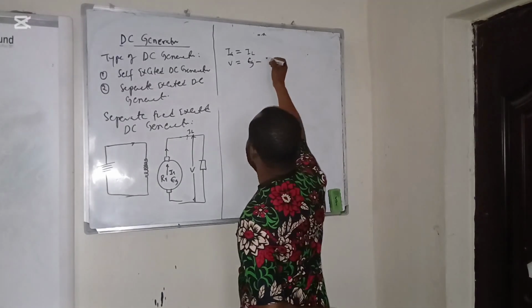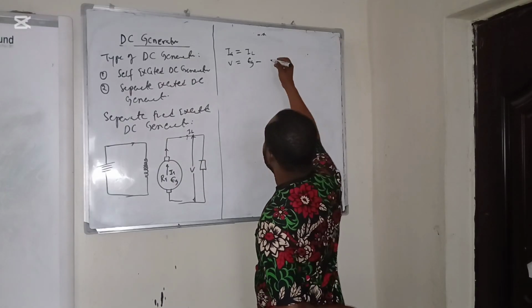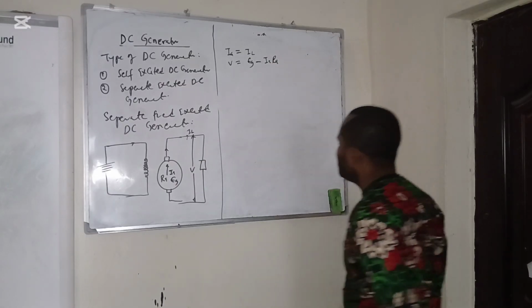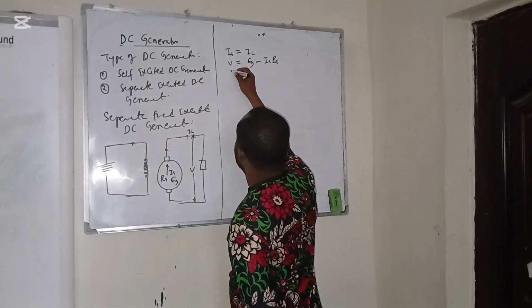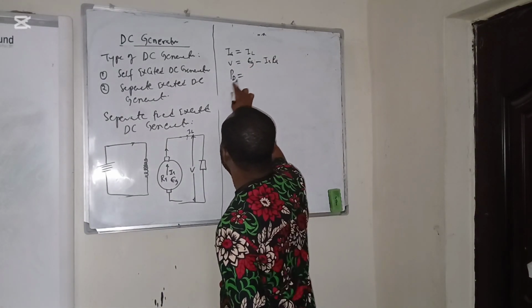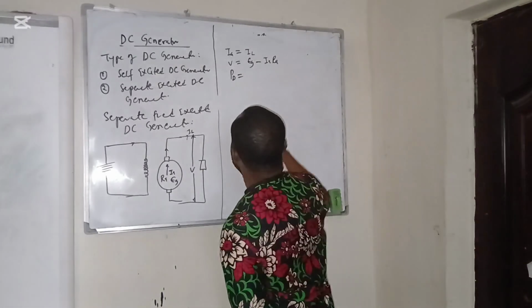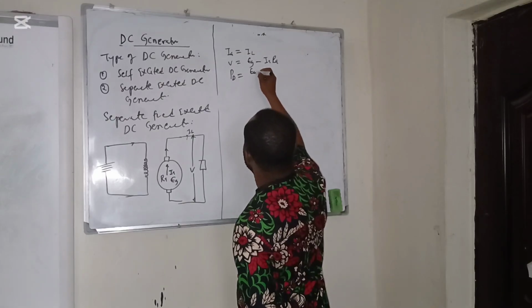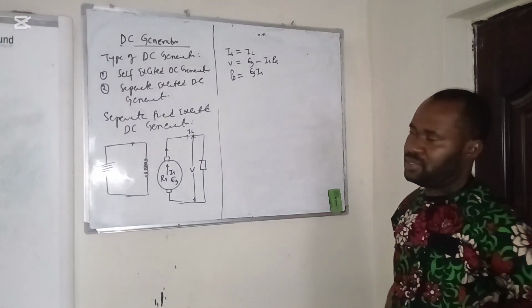You have to subtract from this the drop at the armature windings, which we're going to have as this and this. So we also need to look at the power developed in the system. Power developed is the induced EMF multiplied with the armature current.